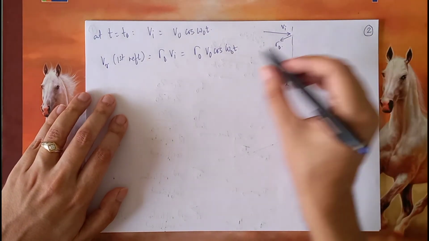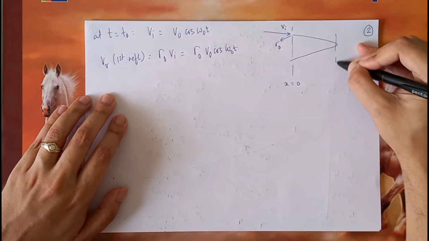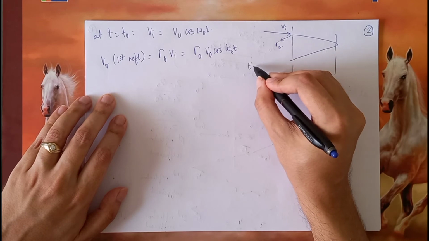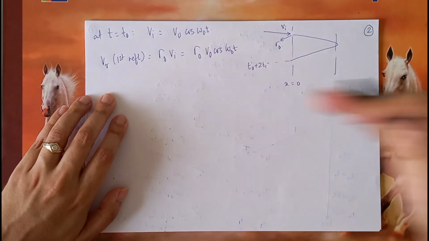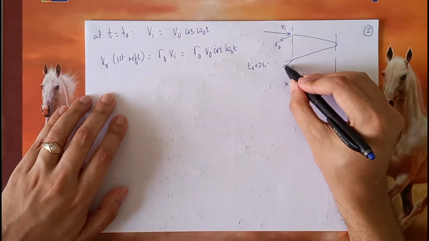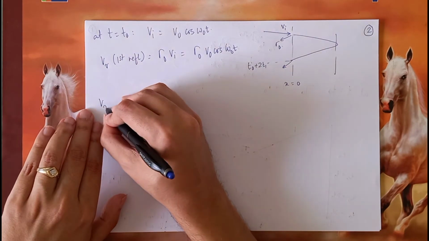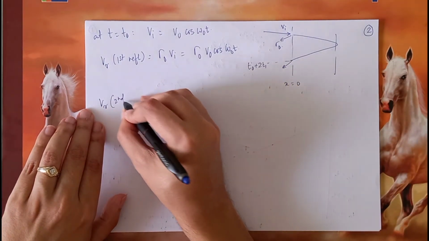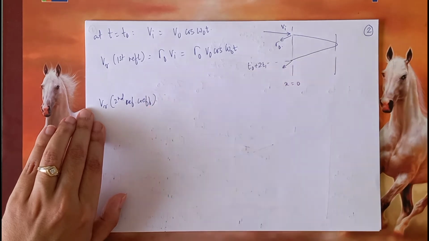Now, after it goes over here and comes back, this is at time t0 plus 2t1. This is the second reflection coefficient. So in that case, I can say Vr due to the second reflection coefficient. How much would that be?